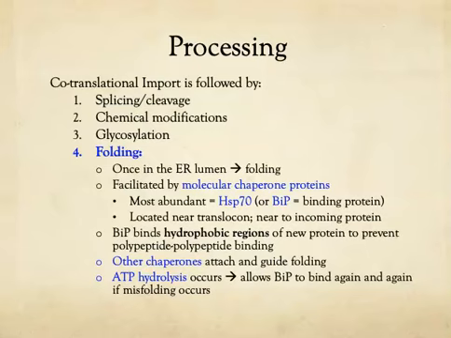It's also important to note that sometimes during the folding process, a step goes wrong and a fold is made that is incorrect. So part of the binding and unbinding with the chaperone proteins is important because you can take a step backwards if you need to, unfold something that was folded wrong, and refold it. Step by step, this great big protein will be put into its correct three-dimensional shape.